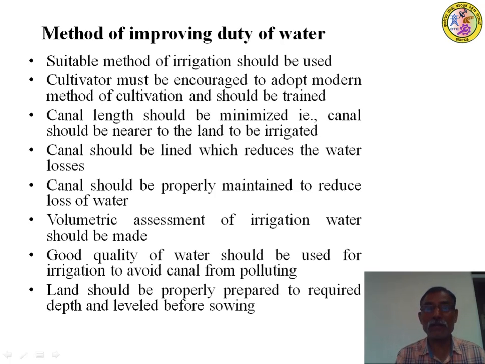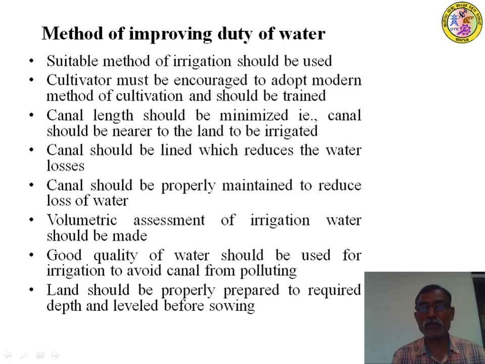Unnecessarily you should not release the water on a discharge basis. The volume of water required for a particular crop should be based on volumetric assessment. Then it will improve the duty.